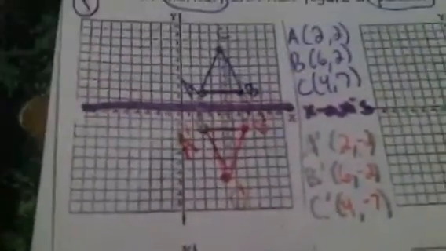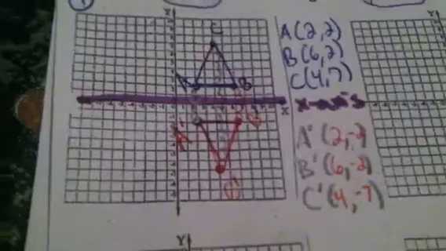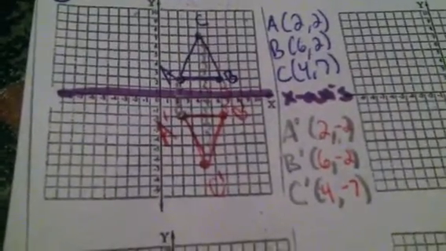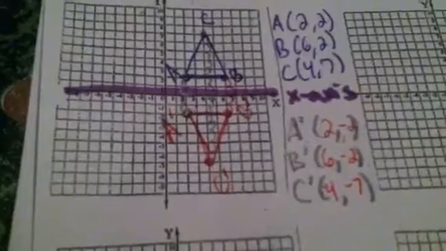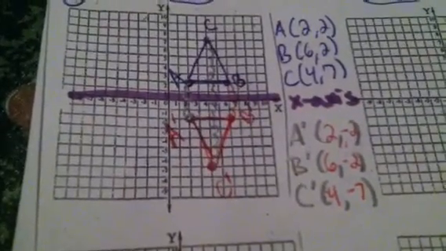So now that we know it's 7 away, we've got to go down 7. 1, 2, 3, 4, 5, 6, 7. So your new C should be right there. New C should have coordinates (4, -7). So that you create a newly reflected triangle ABC, reflected across the x-axis.